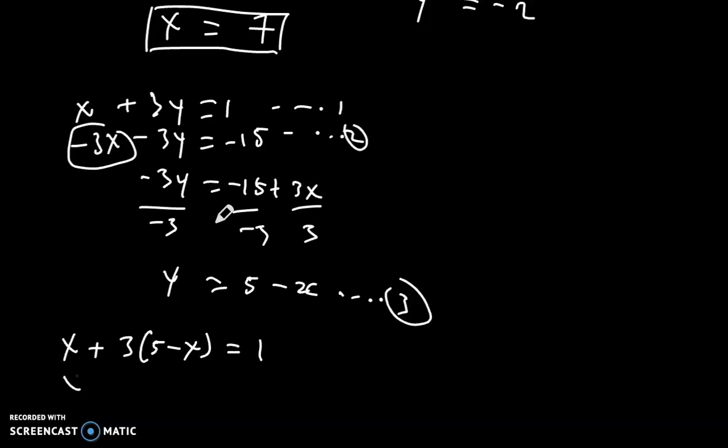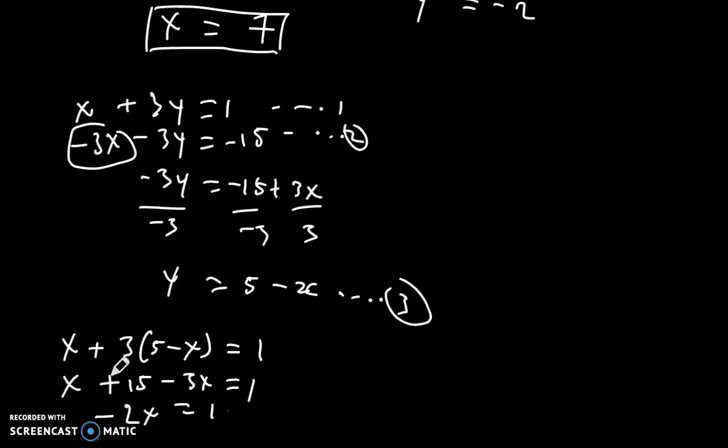Open up this bracket: x plus 15 minus 3x equals 1. So x minus 3x gives us minus 2x, and minus 2x plus 15 equals 1.